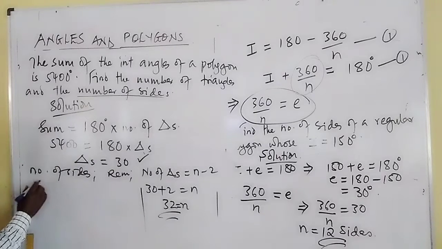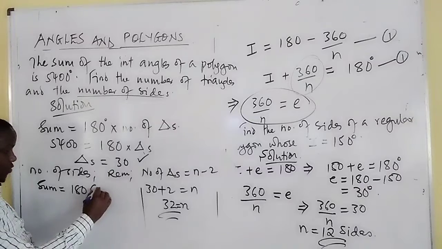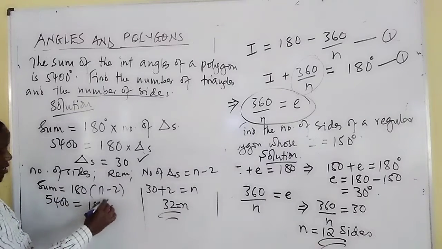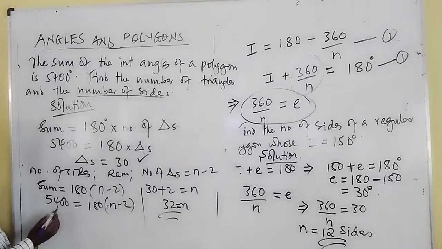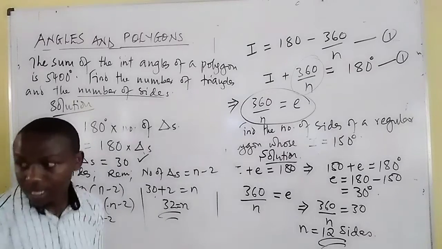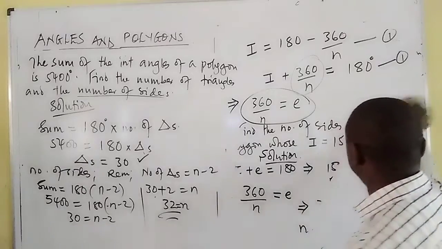Alternatively, we said that the sum is given by 180 into n minus 2, where n is the number of sides. Therefore, 5400 will be equal to 180 into n minus 2. Now, dividing through by 180, we'll have 30 equal to n minus 2. And it will take us back to this, and we subtract and get the desired.